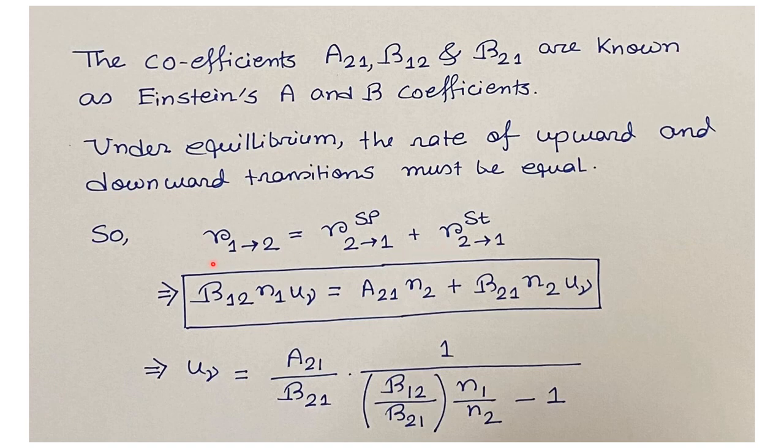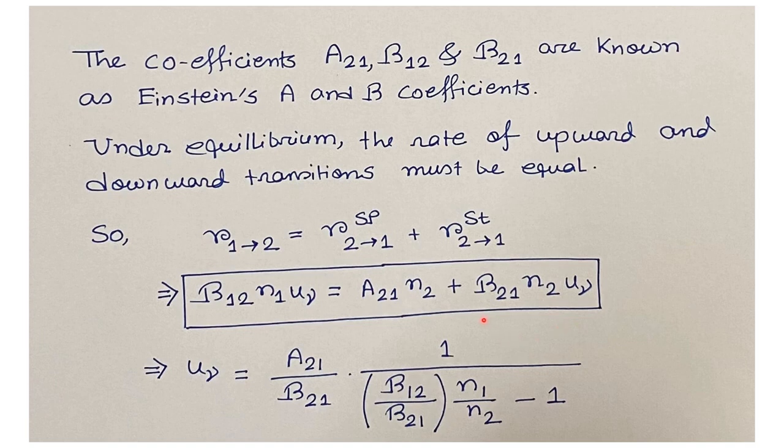We put in R from 1 to 2 and R from 2 to 1 for the spontaneous and stimulated cases, which we have already obtained in the previous slides. After that, we get B12 times N1 times U nu equals A21 times N2 plus B21 times N2 times U nu.